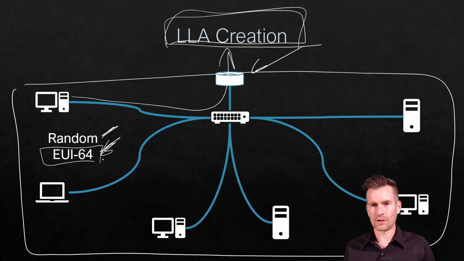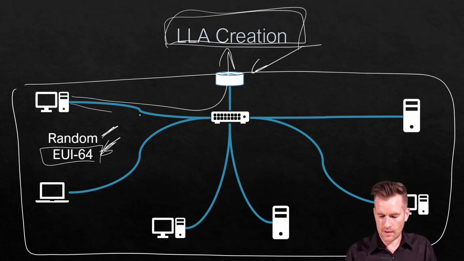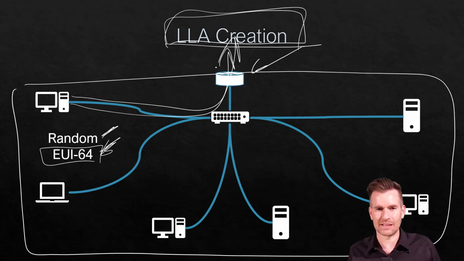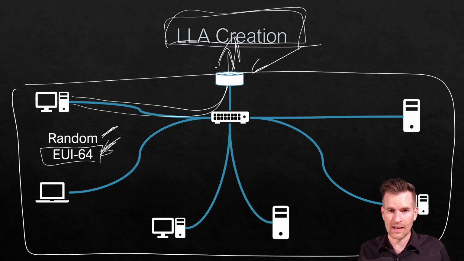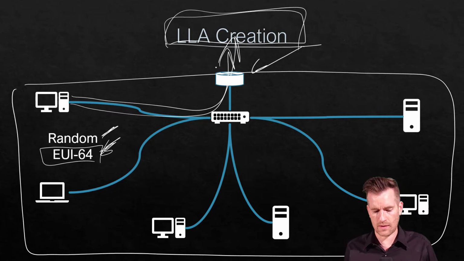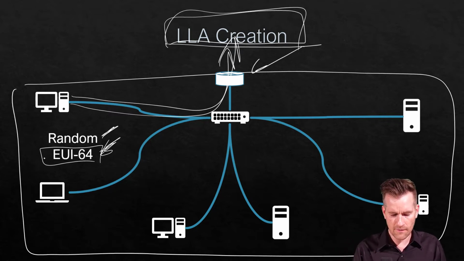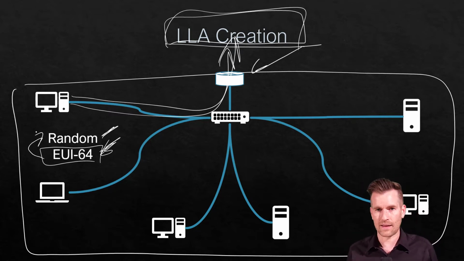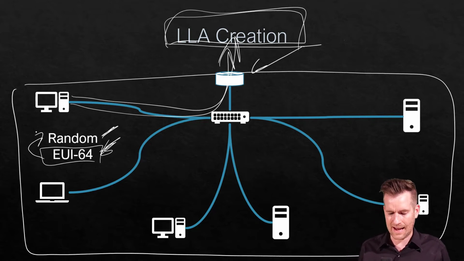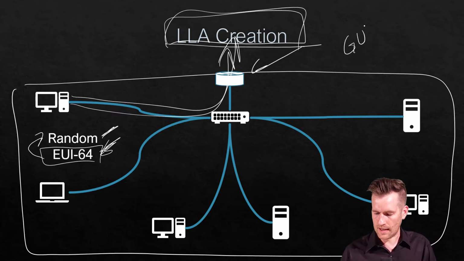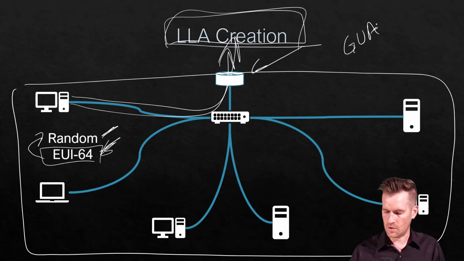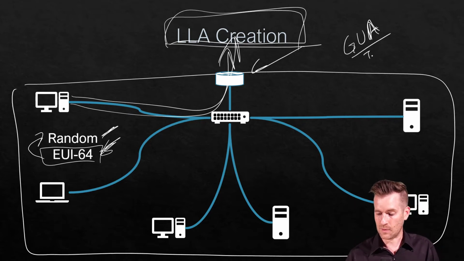But when you are creating things like your global unicast address and it's going to the outside world, if that did have something like your MAC address incorporated into it, there could be some security concerns. And so now it's gone out of favor, and the more random method is used. So now Windows will use a random method of generating it. Just a side note, when you create your GUA, your global unicast address, it can actually be set up to be temporary, so it will cycle through addresses.